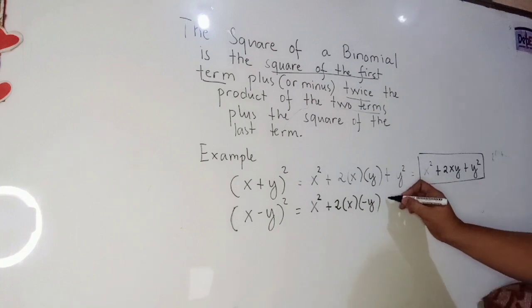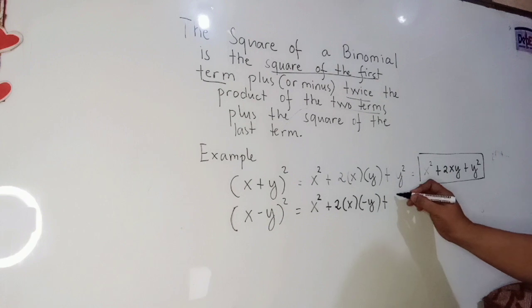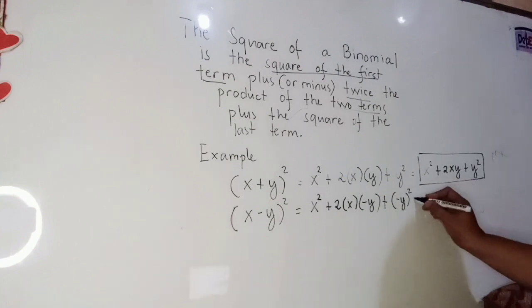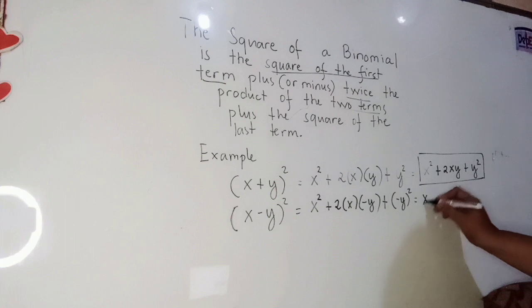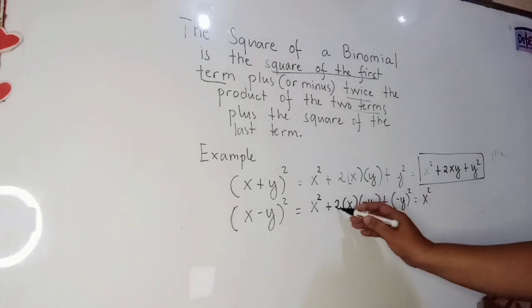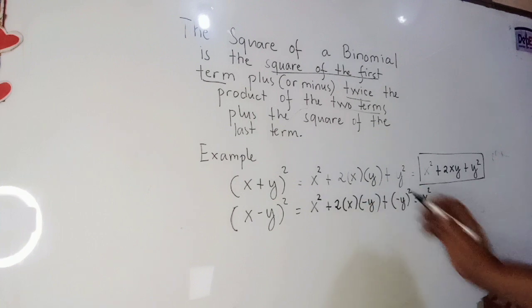Then, what's next? Plus the square of the last term. So, we're going to square negative y squared. And then we further proceed. We just copy x squared. Then we multiply this. So, what is 2 times x times negative y?